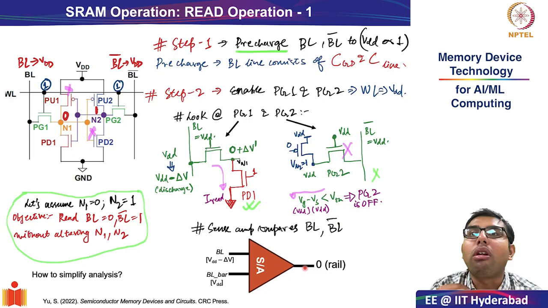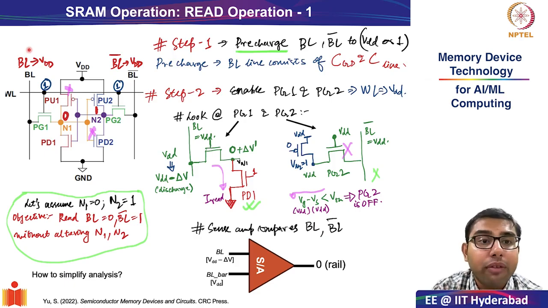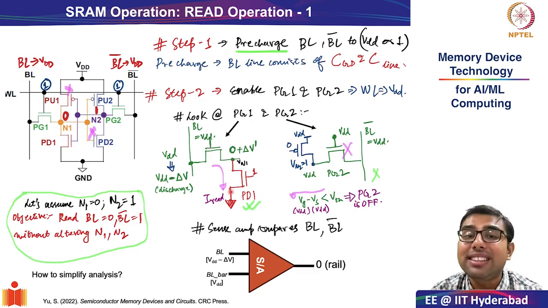This was a bit more complicated, so let me just give you a quick overview. What we saw was, by virtue of having VDD on bit line and bit line bar and the word line being asserted, there was a read current flowing only from PG1 to PD1. Why was this the case?